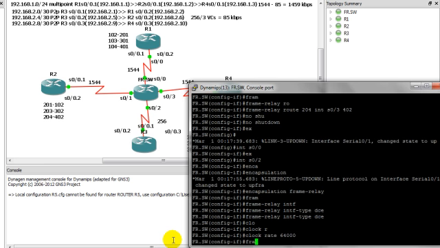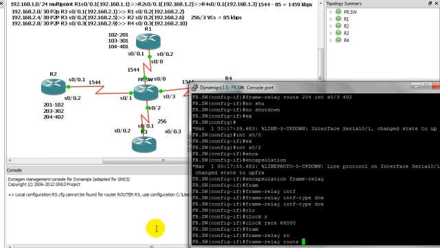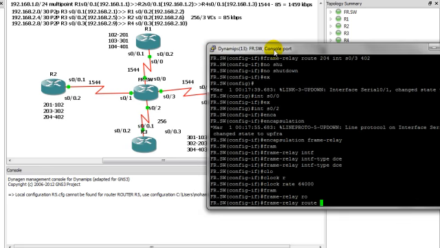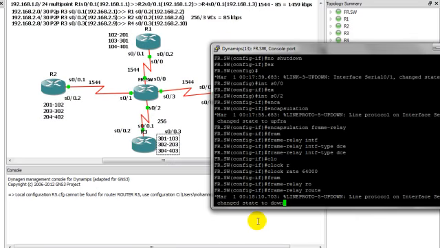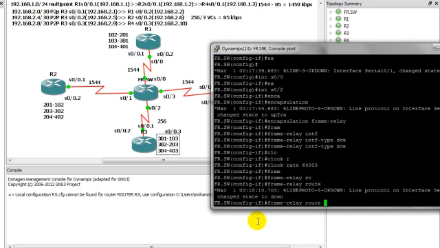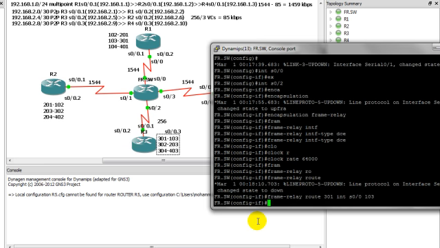Now frame relay route, I want to configure with these DLCs. Now from 301 to exit through serial 0/0, which contacts with router 1, with 103. This is the output DLC.